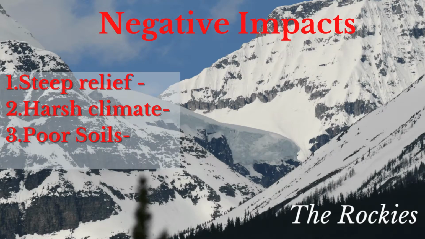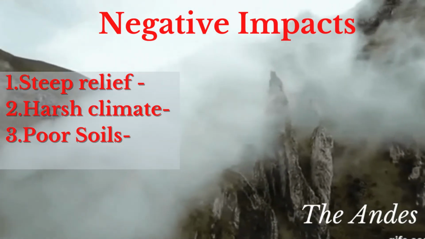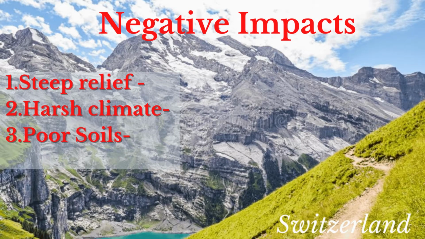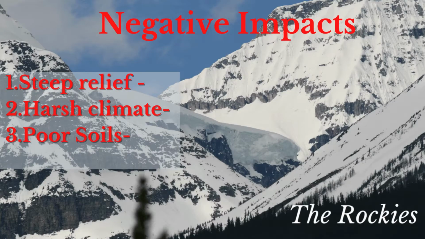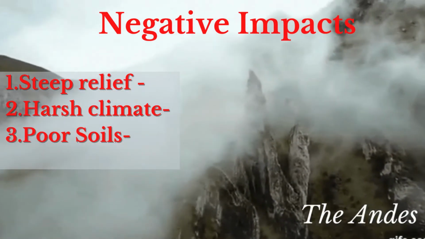With increasing height, the atmosphere gets colder, windier, and wetter, and more precipitation falls as snow. This means that most industrial and agricultural activities are difficult. Crops have a very short growing season.